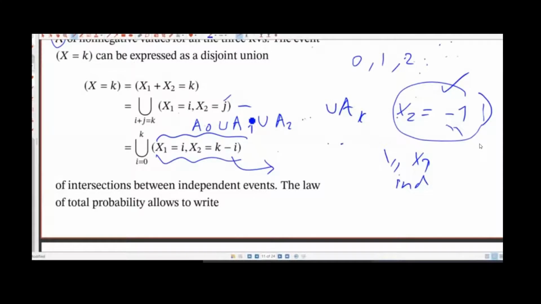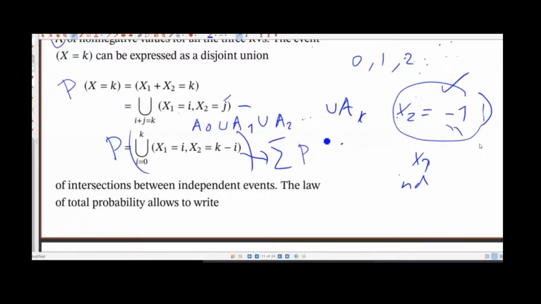अब इसका क्या फायदा है? To know that they are disjoint, इसका फायदा हमें तब लगेगा जब हम probability लेंगे इनका. I will take the probability of this union, and that will give me the sum of these probabilities. You get it? That's the advantage of having a disjoint union.